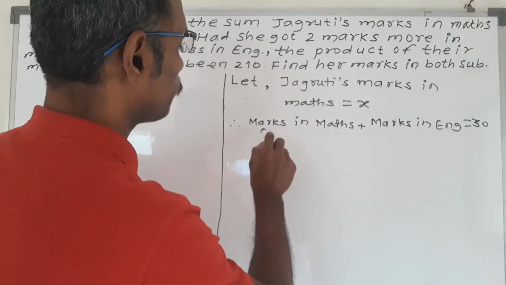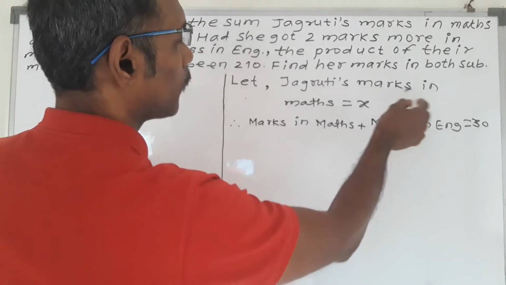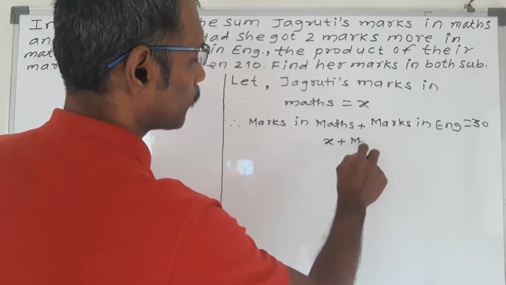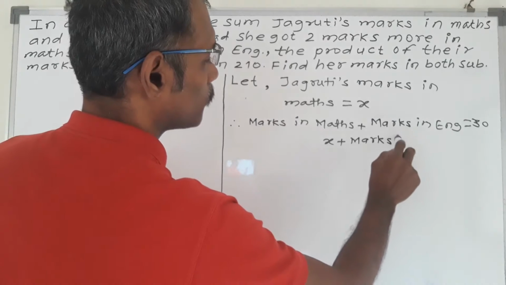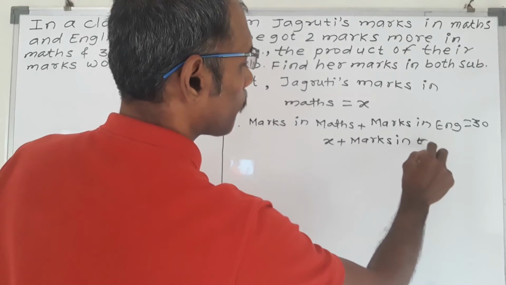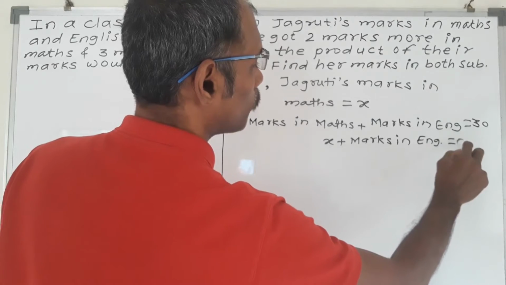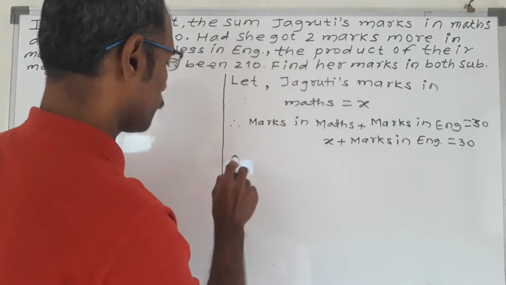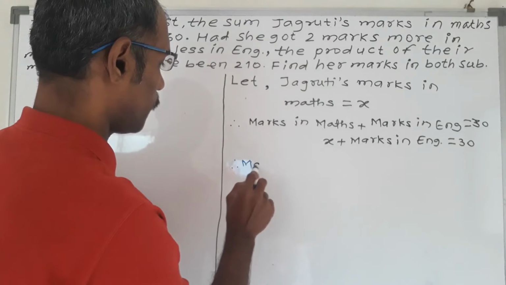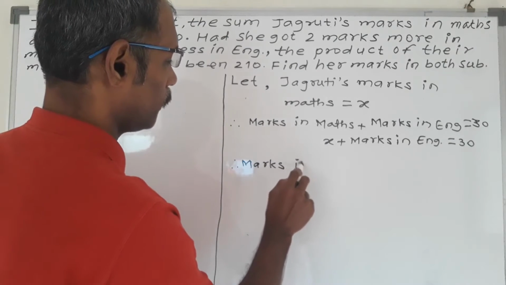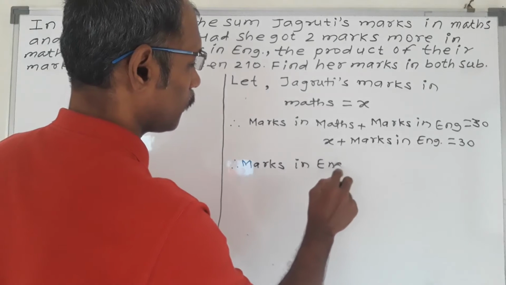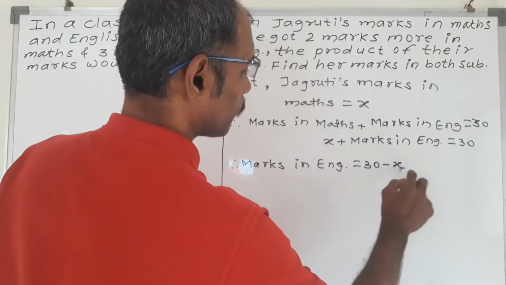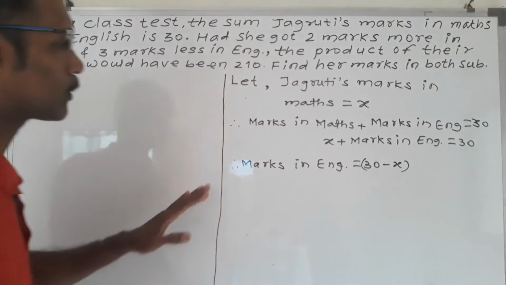Now we know that Jagruti's marks in maths x plus we don't know marks in English is equal to 30. Now we take this x to the right side. Therefore, we will get marks in English is equal to 30 minus x.